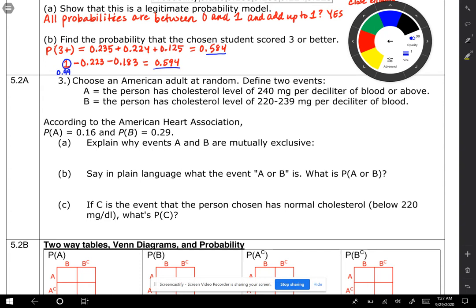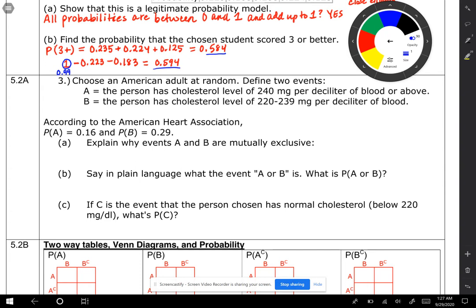According to the American Heart Association, I'm sorry, the two that I just read were just the events. Here are the probabilities. So the probability of event A is 0.16, and the probability of event B is 0.29. Explain why events A and B are mutually exclusive.